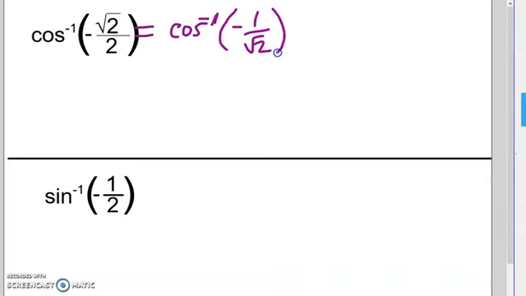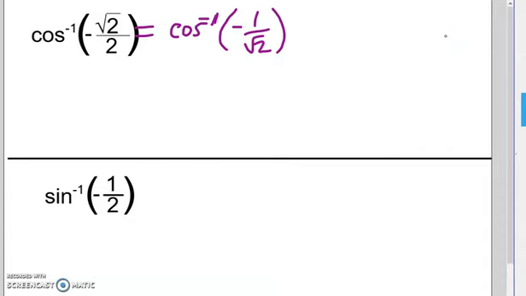In another one, you might see square root of 3 over 3, which is the same as 1 over the square root of 3. If you rationalize that, you have the square root of the number over the same number, and you can write it as 1 over square root of the number.